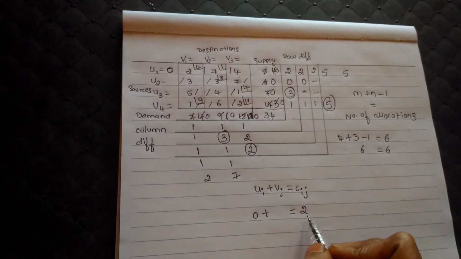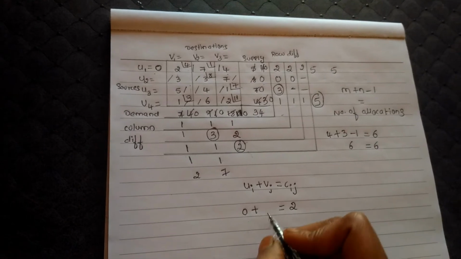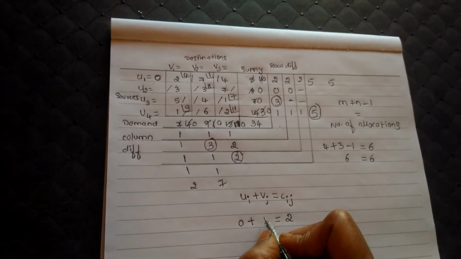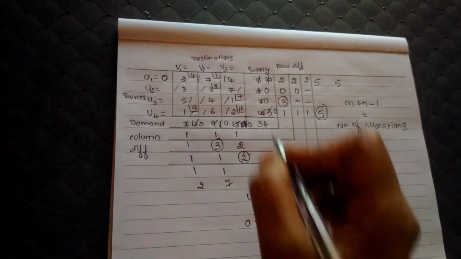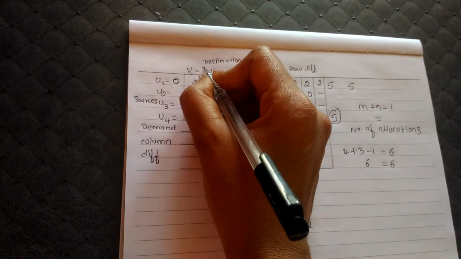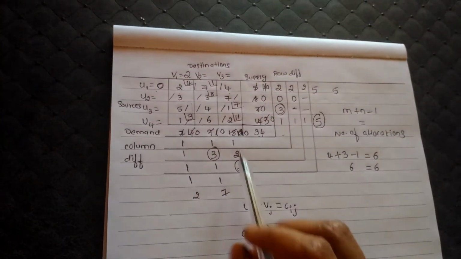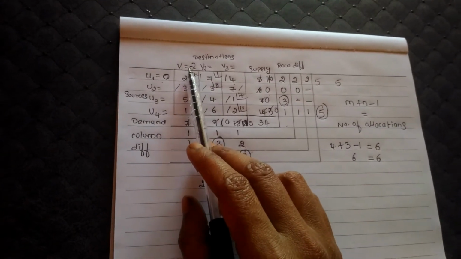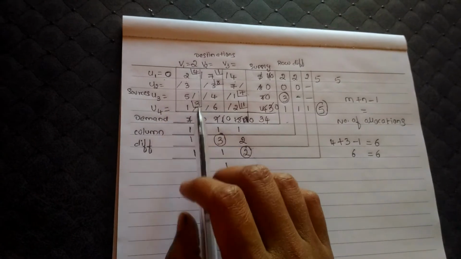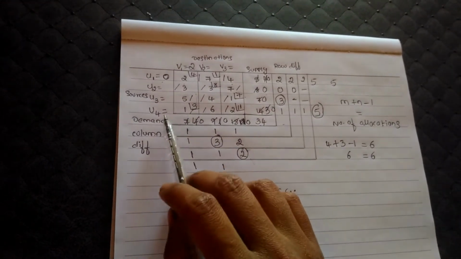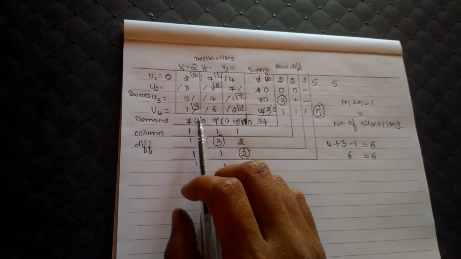What should I add to 0 to get the sum 2? I will have to add 2. So 0 plus 2 gives me 2. The value of V1 will be 2. Now I have found V1. With the help of V1, I would be able to find a value for U4, because there is one more allocation in the same column.